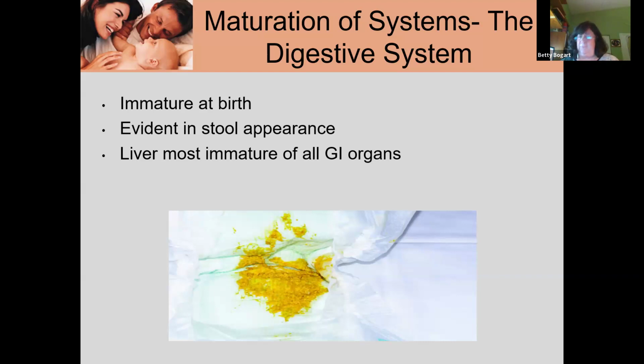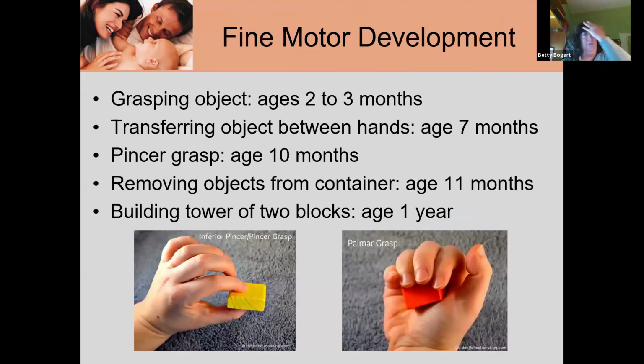I even know after 6 months, when we start introducing foods to these infants, you're going to see sometimes pieces of corn or pieces of peas or carrots in the stool. You still will see it. Now, the baby's getting good nutrition as long as they're gaining weight, right? But the GI system is still immature. It's better than it was at birth.